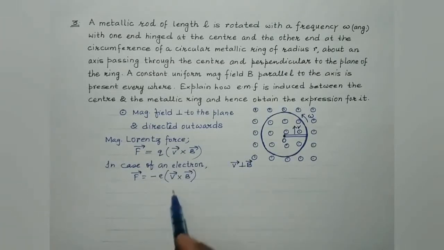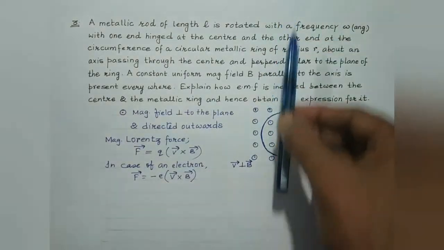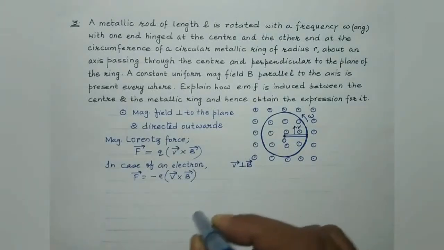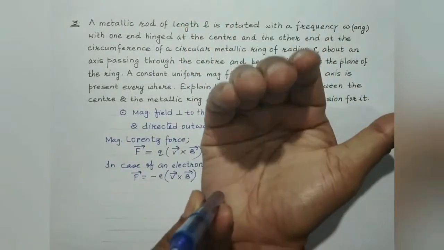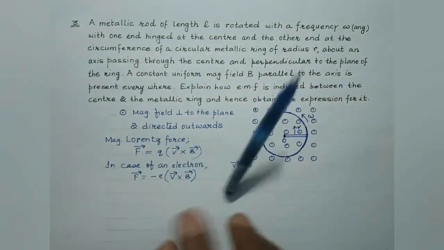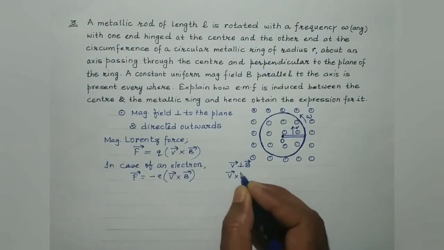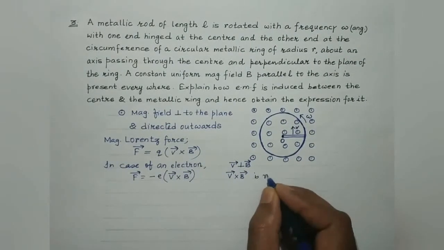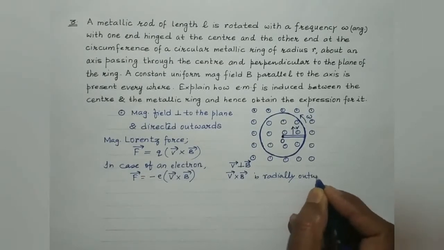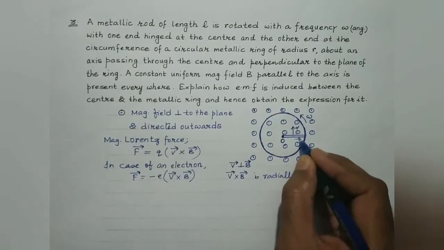So what will be the direction of V cross B? It will be like this. This is V, the direction of the velocity vector, and this is the direction of the magnetic field in the outward direction. So V cross B would be like this. It will be in the radially outward direction.